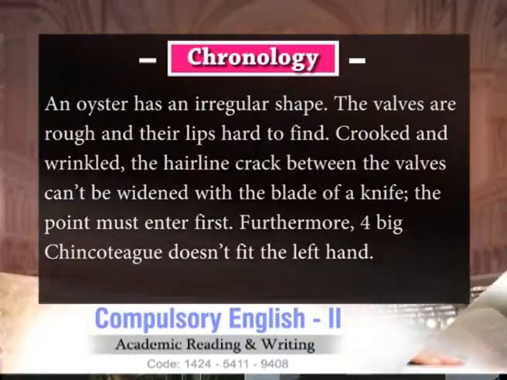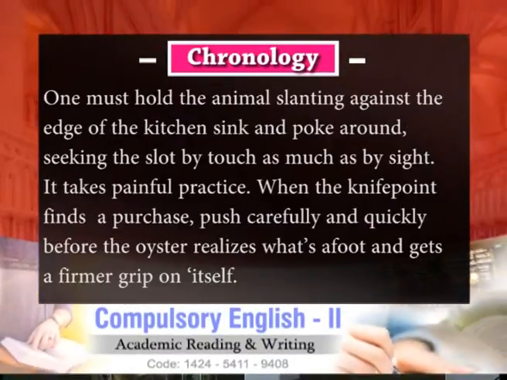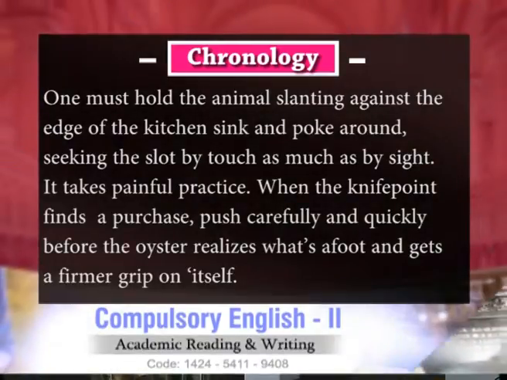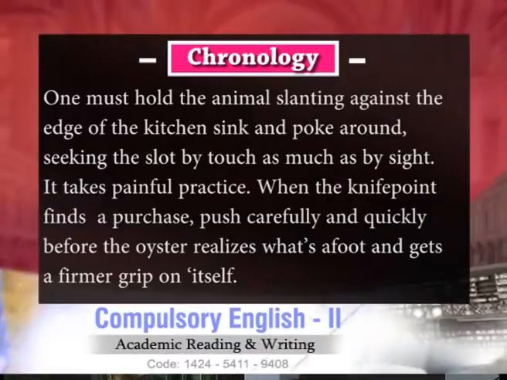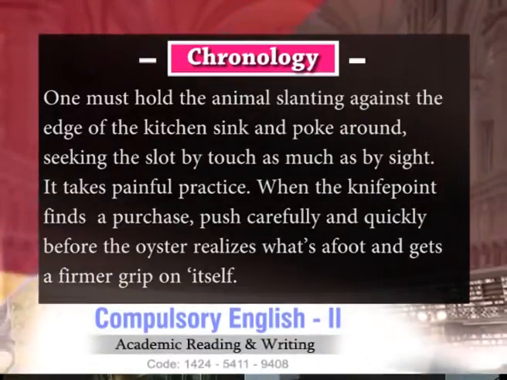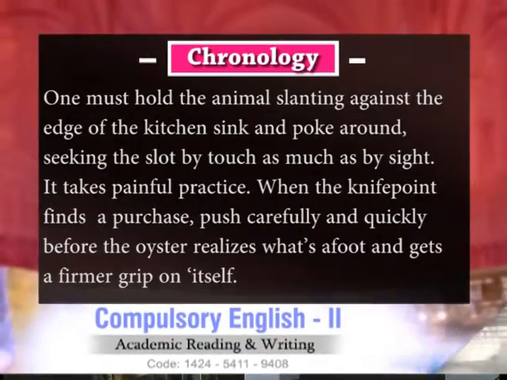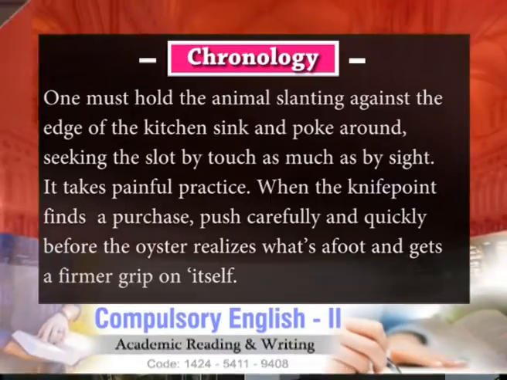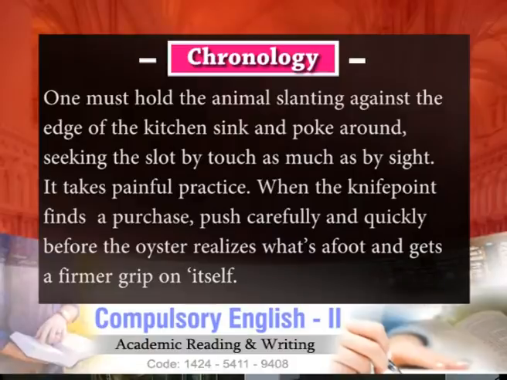Furthermore, a big chicken teeth does not fit the left hand. One must hold the animal slanting against the edge of the kitchen sink and poke around, seeking the slot by touch as much as by sight. It takes painful practice. When the knife point finds a purchase, push carefully and quickly before the oyster realizes what's afoot and gets a firmer grip on itself.